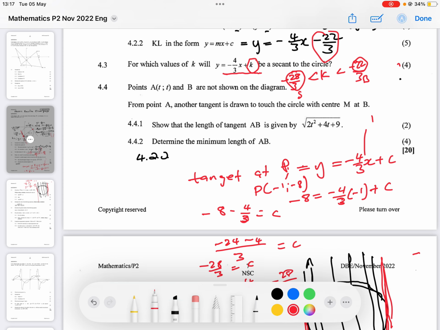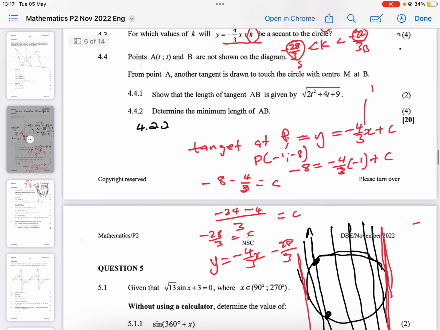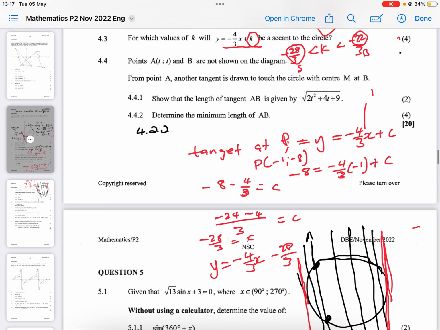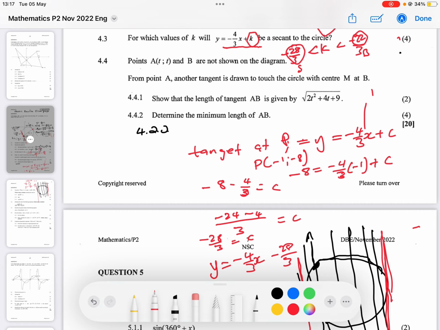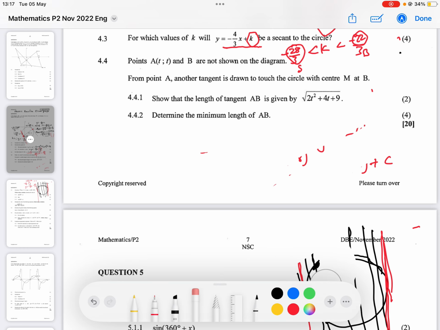Then from here, point A. They are saying that points A and B are drawn on the diagram.